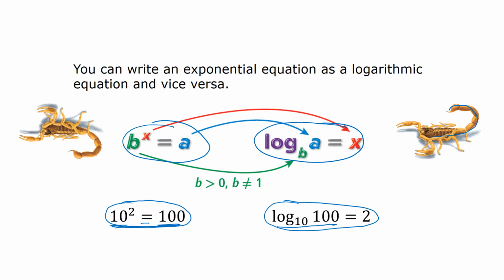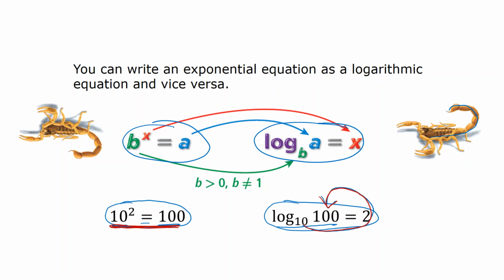So when I'm converting from my log form back to my exponent form, I'm going to say 10 squared equals 100. I just wrote it in, and I know that's true because this is a statement that I know is true.